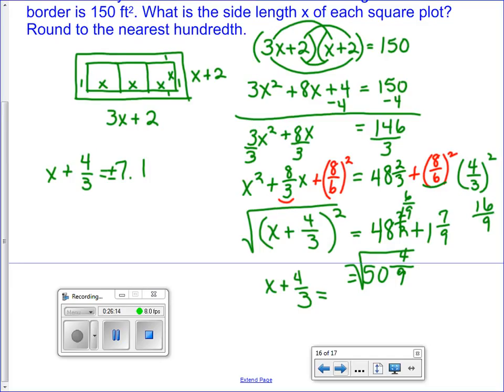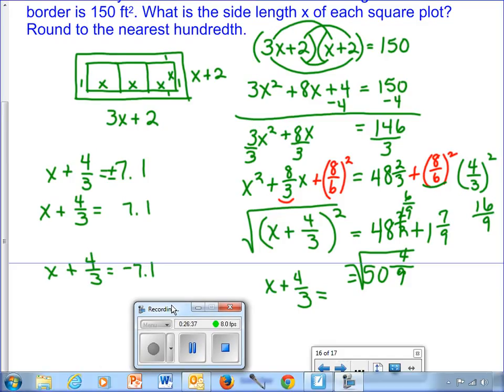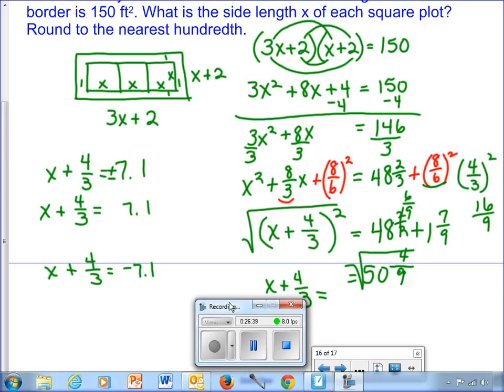So our two equations would be x plus 4/3 is equal to 7.1, or x plus 4/3 is equal to negative 7.1. And this is an example where we will probably want to choose to change our fraction into a decimal.